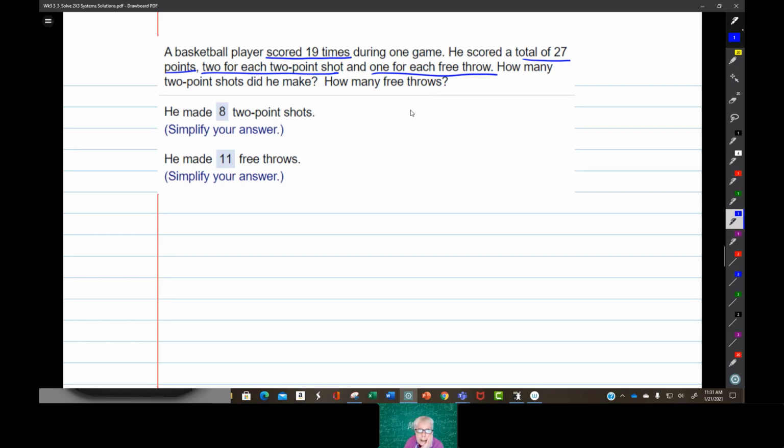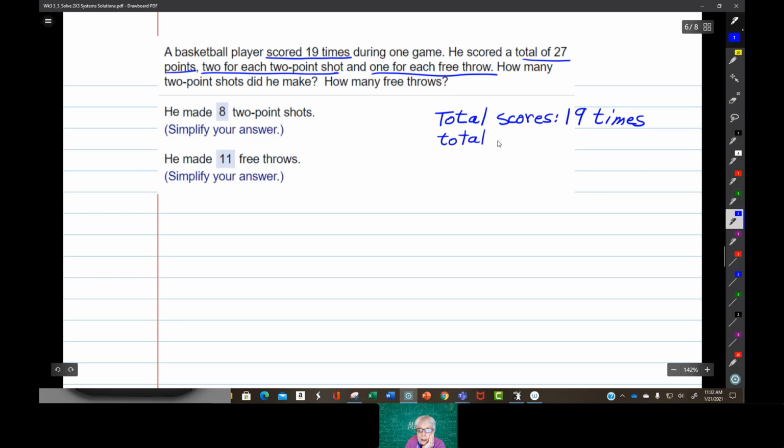Harder. Okay, so a total of 19 scores. He scored a total of 27 points.